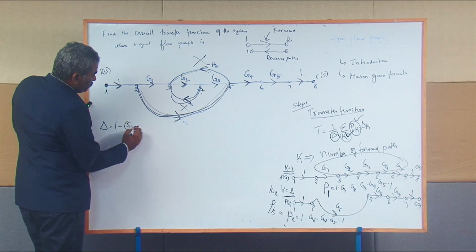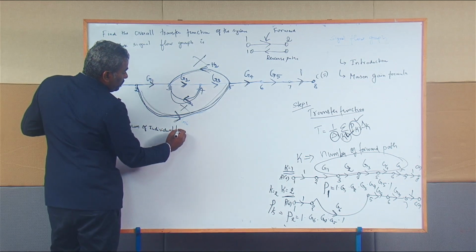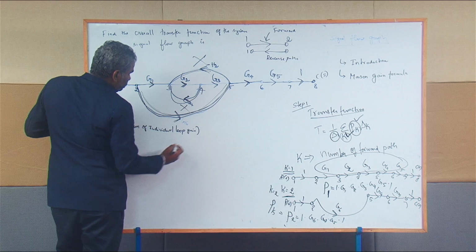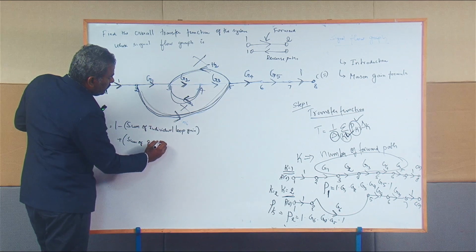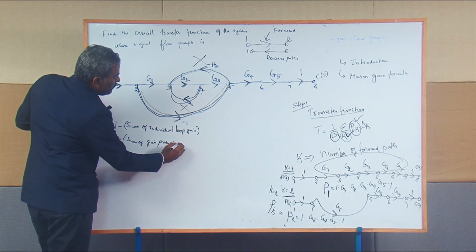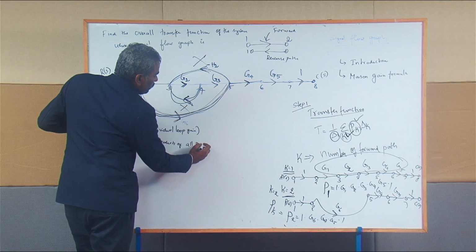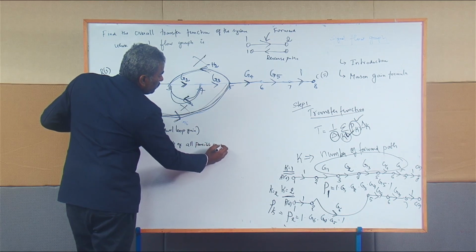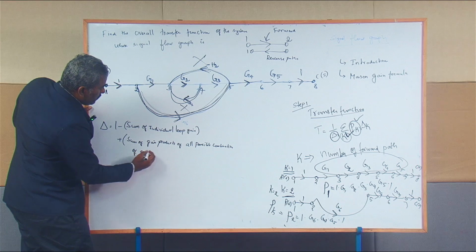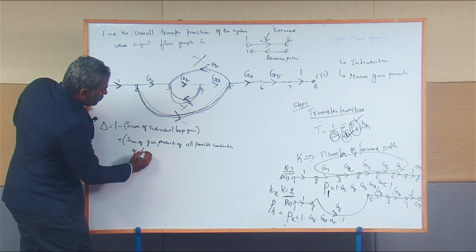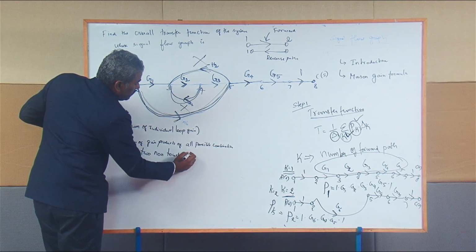1 minus the sum of individual loop gains, plus the sum of gain products of all possible combinations of two non-touching loops.